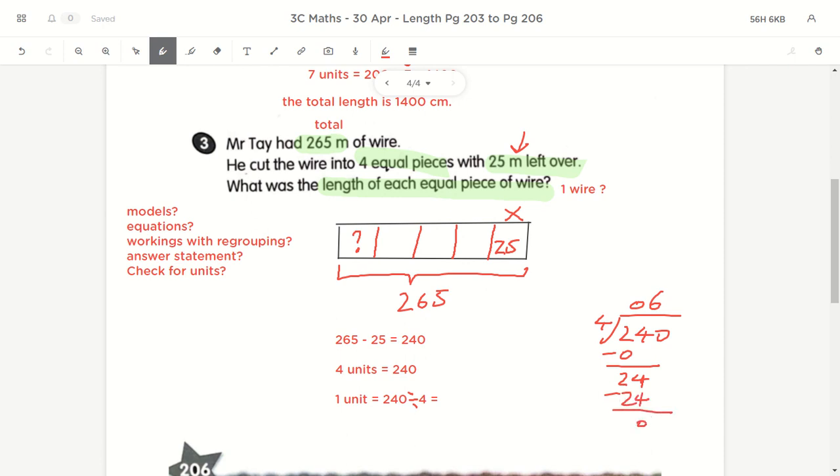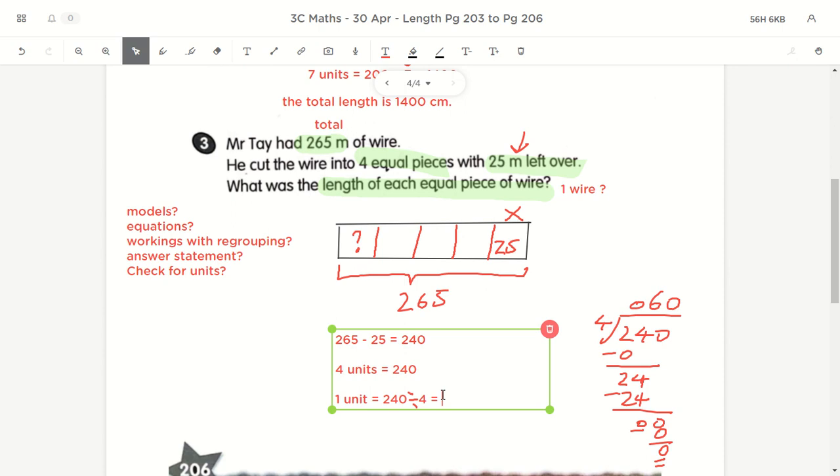That's not all, there's a 0 here. So 4 times 0 is 0, and that's it. 240 divided by 4 equals 60.